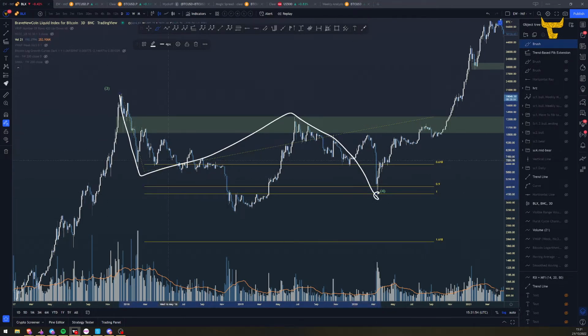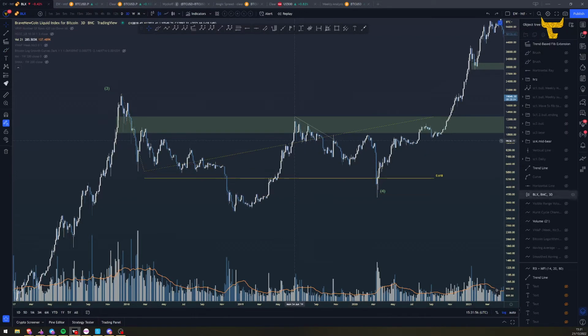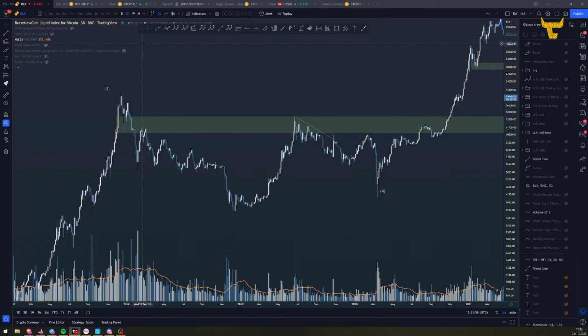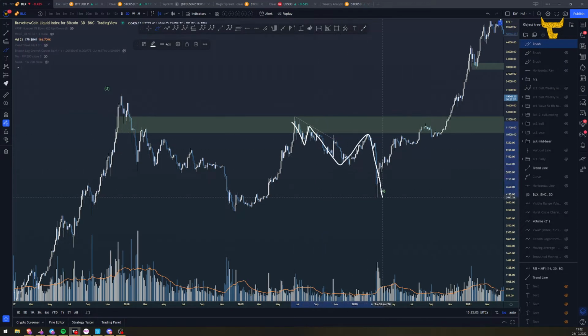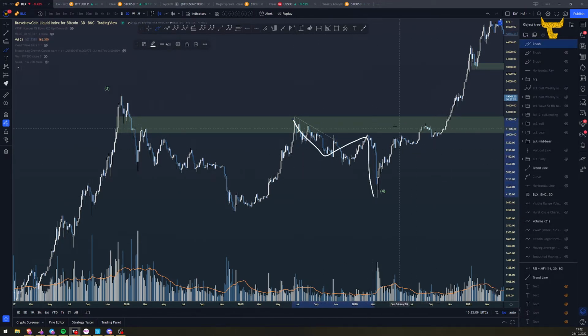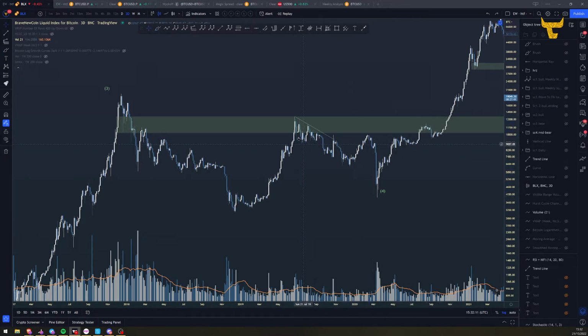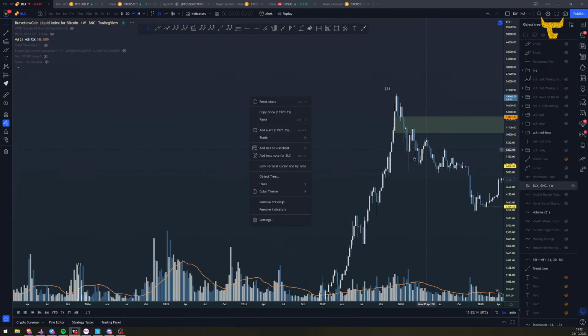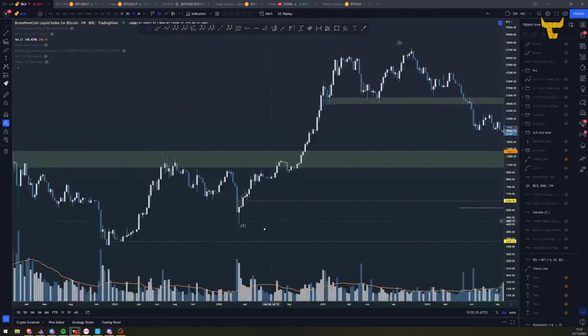It's quite a nice target again for wave C. And this is kind of a mess, but you can have a 1, 2, 3, 4, 5 expanded flat. I guess it worked better as an ABC. Yeah, just here to highlight some light to process on that.